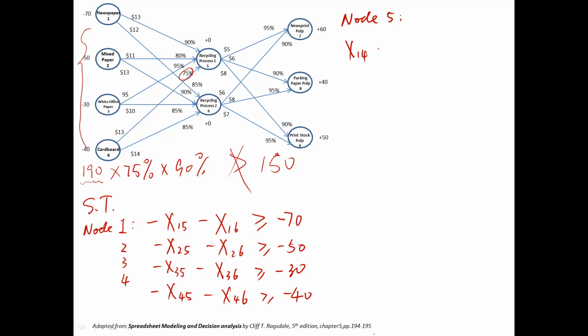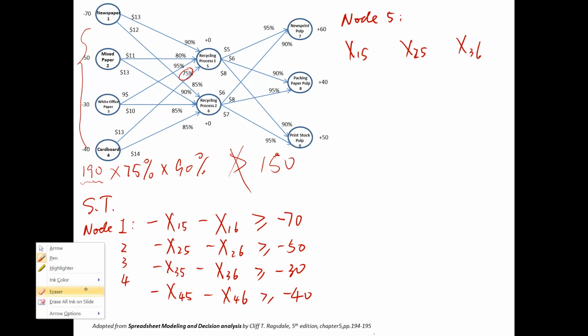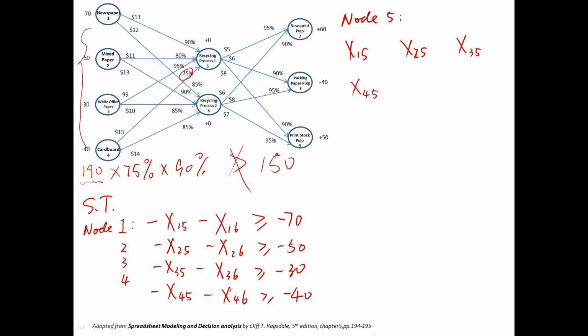So x15, x25, x35, and x45. Are those the true inflows? In other words, are those the actual amount that goes into node 5?